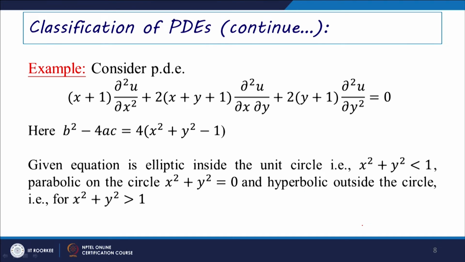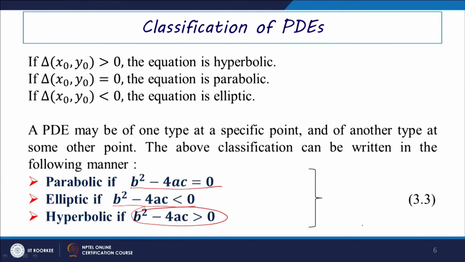Then if you go for a partial differential equation in a generalized form, in the previous slide I told that whenever we have certain domains in certain ranges, the system can be parabolic in certain domains, elliptic in nature in certain domains, or hyperbolic in nature.